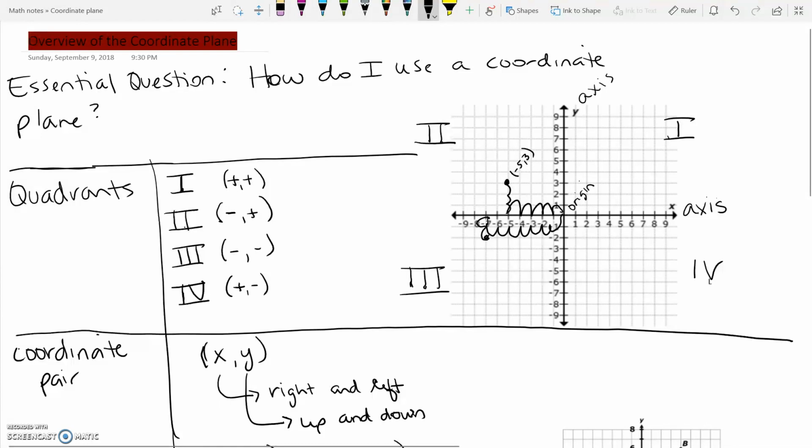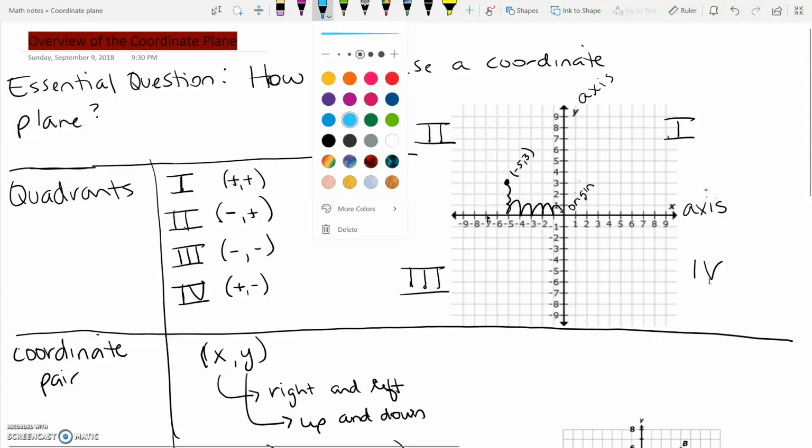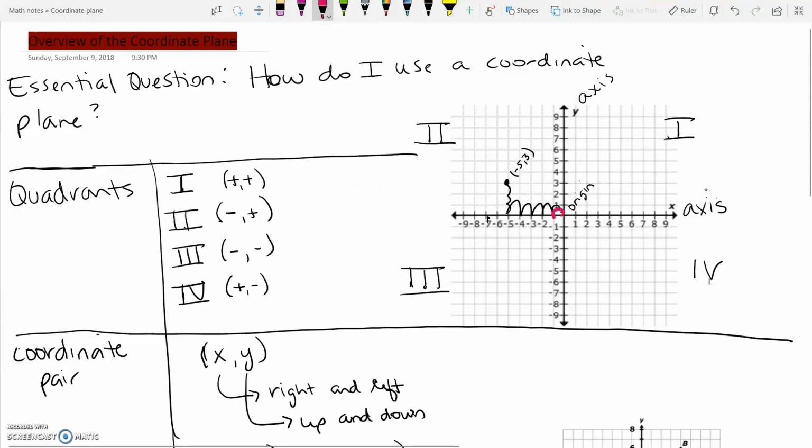Kind of difficult to see, especially when it's in a different color, huh? Let's try that. I should listen to myself more often, huh? Okay, so we can go 1, 2, 3, 4, 5, 6, 7, down 1, 2. There we go, much easier to see. So this would be negative 7, negative 2.